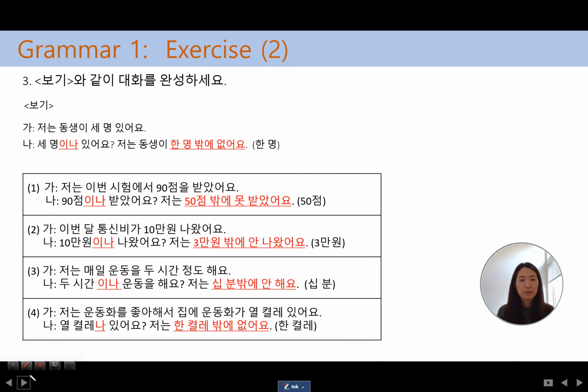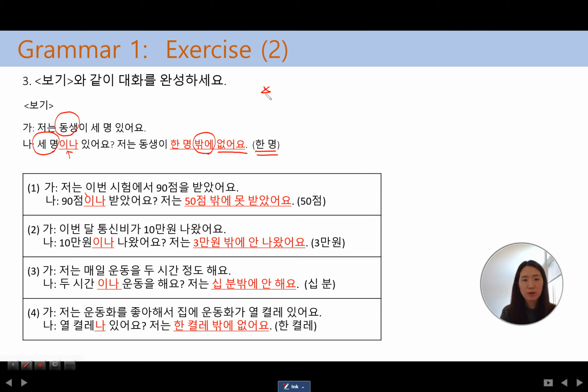Next. Second one. 저는 동생이 3명 있어요. I have 3 younger siblings. 3명이나 있어요? Do you have 3? It's a lot more than I expected. 3명이나 있어요. And then you give a word for one. I only have one. 저는 동생이 1명밖에 없어요.